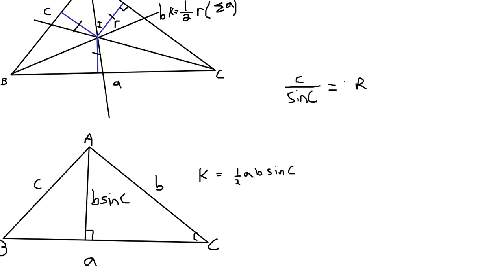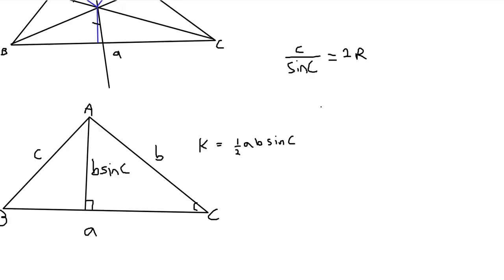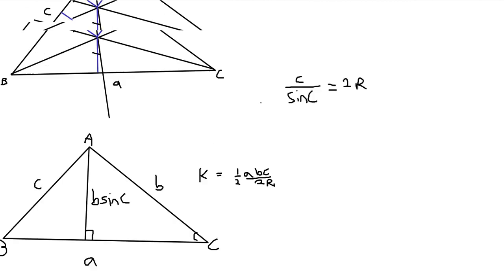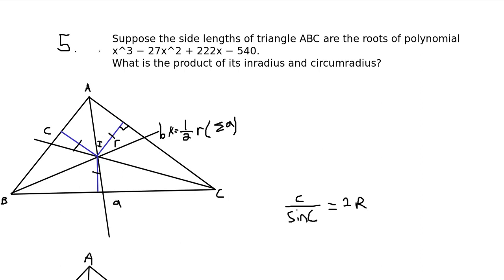I won't prove this one because it's a well-known fact, but what we can do is solve for sine of C, which is c over 2R. So here we get abc over 2R. And here we get our product of a, b, and c, which we know from this polynomial using Vieta's relations is just 540.